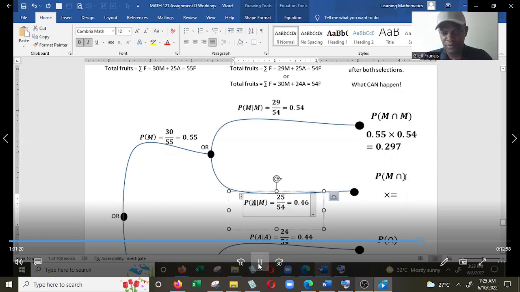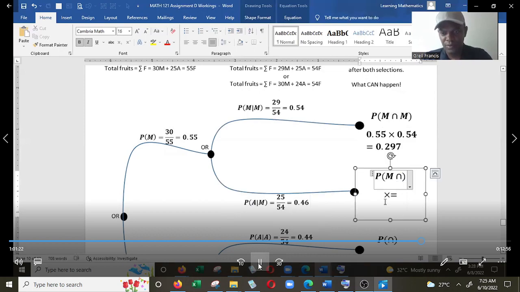And what's the value? So how did you get that 0.253? So what numbers is the other added? 0.55 multiplied by 0.46.